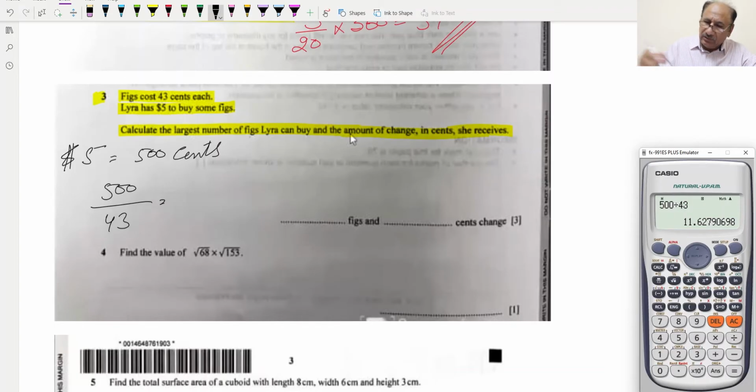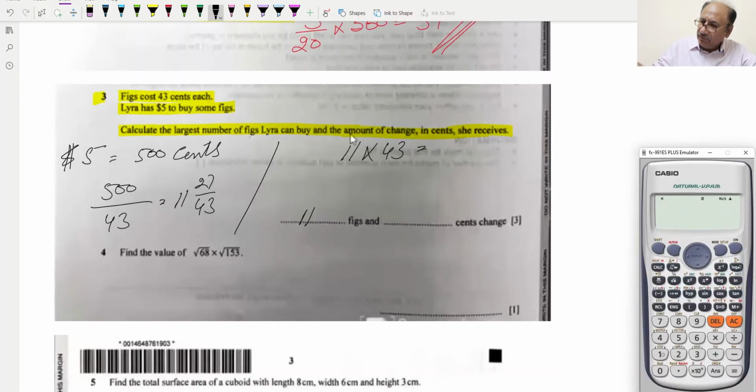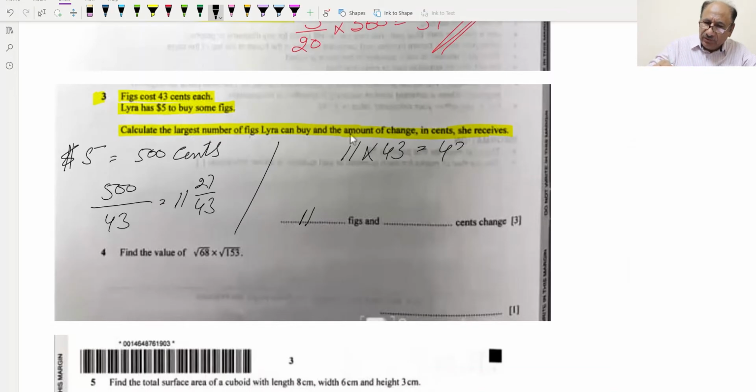11.62, or we can write it as a mixed number: 11 whole 27 over 43. So 11 figs will be bought, and the cost of 11 figs will be how much? 11 multiplied by 43, as each costs 43, will be equal to 473.